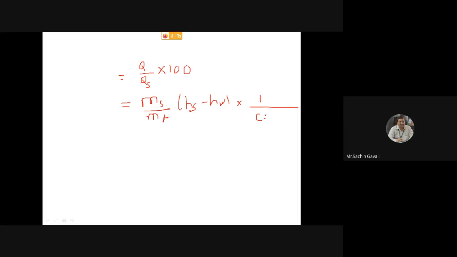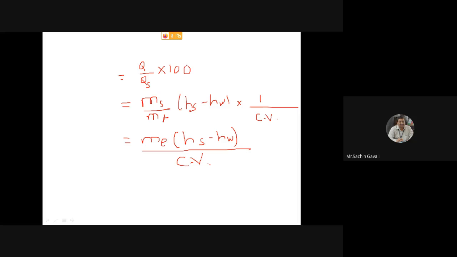Calorific value only. So we are calling this ME into bracket HS minus HW divided by calorific value. What is this formula?